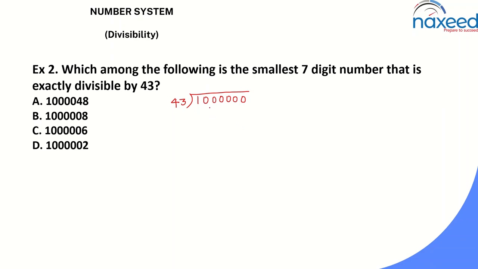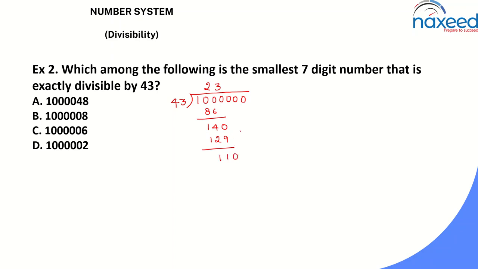Take the first 3 digits here. 2 times 43 is 86, and we get the remainder 14. Take the next 0, 3 times 43 is 129, and the remainder is 11.